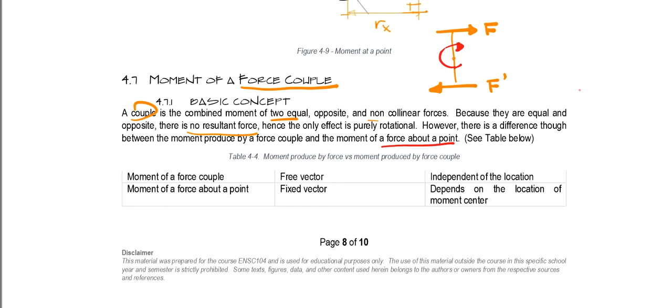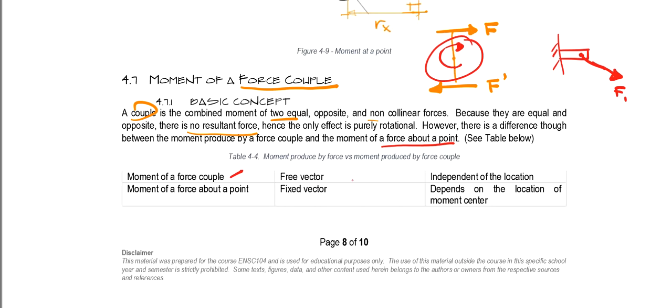However, the difference is that the force couple is a free vector. It only causes a purely rotation, while the moment of force about a point, for example this one, is what we call the fixed vector.